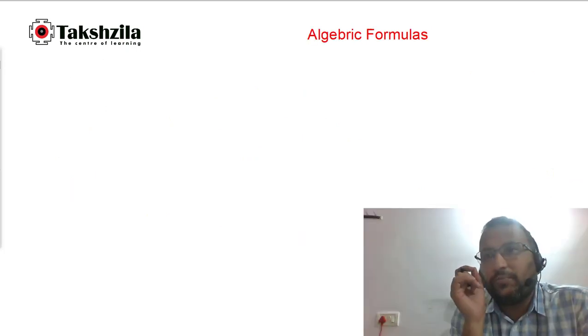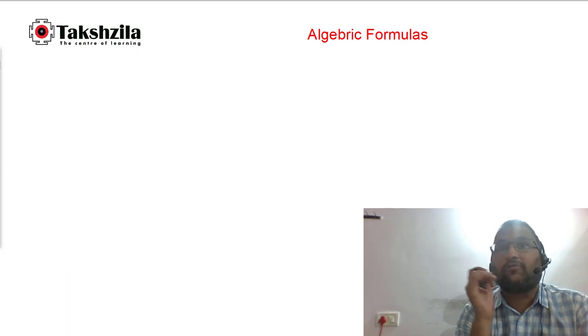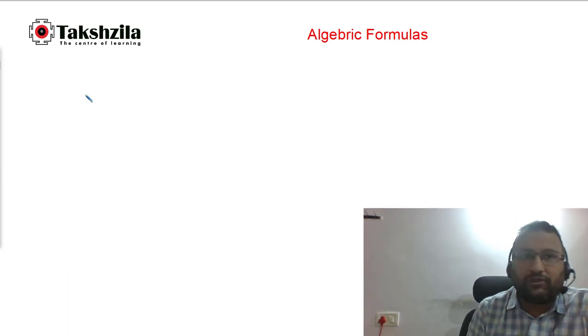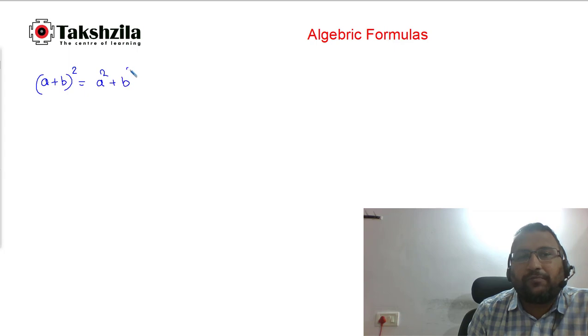After this, algebraic formulas. In that, first of all, square formulas. Now, which formulas am I talking about? These ones: (a plus b) whole square is equal to a square plus b square plus 2ab. Similarly, (a minus b) whole square is equal to a square plus b square minus 2ab.